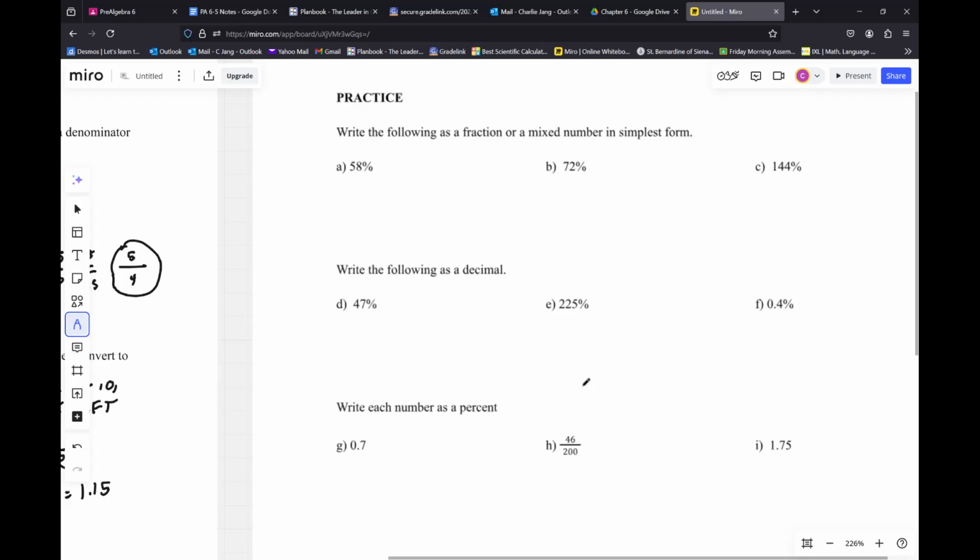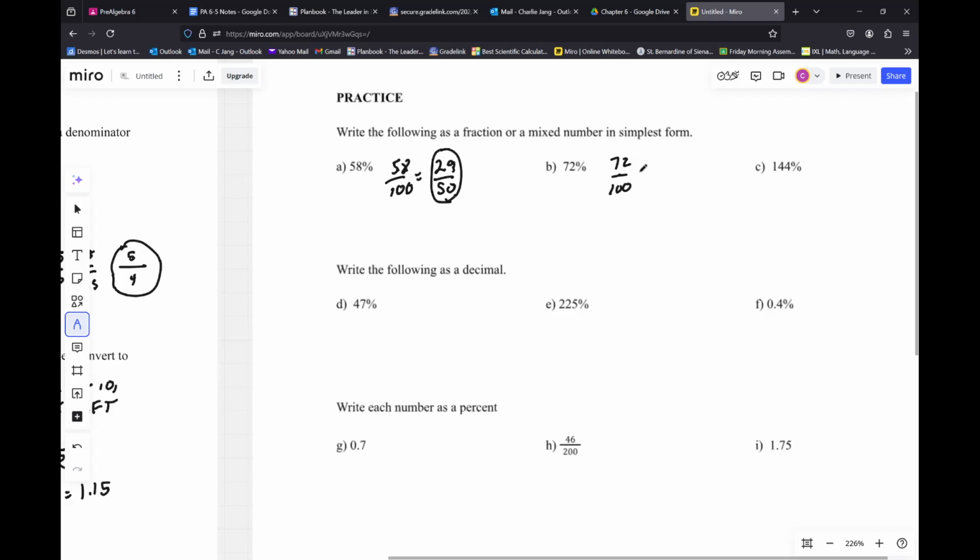Okay, so let's see if you got the same answers as I did. 58% is going to be 58 over 100. And if I simplify that, I get 29 over 50. Okay, remember percent means over 100, so that's 29 over 50. Can I simplify that? No, this is fully simplified. Okay, 72%, that is going to be 72 over 100, right?